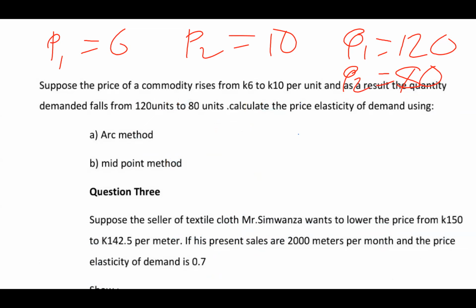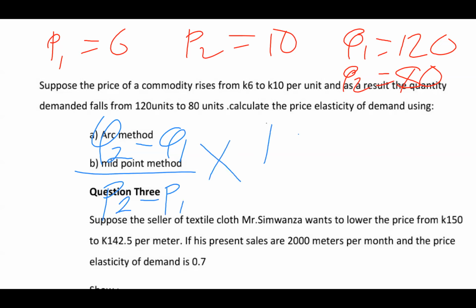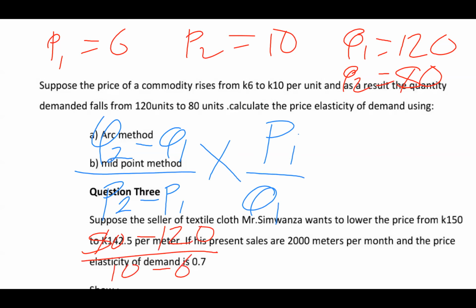So for the point, we said the formula is given as Q2 minus Q1 divided by P2 minus P1, multiplied by P1 over Q1, as simple as it is. So Q2 is 80 minus the 120 over 10 minus the 6, times price 1, which is 6, over 120.